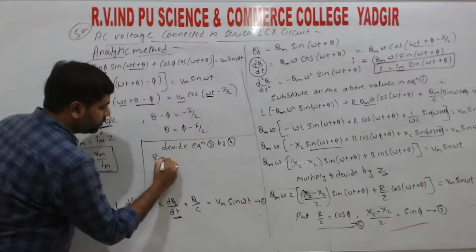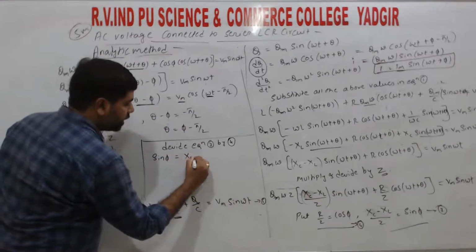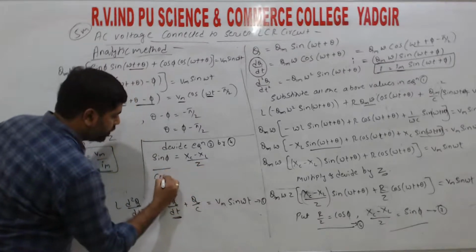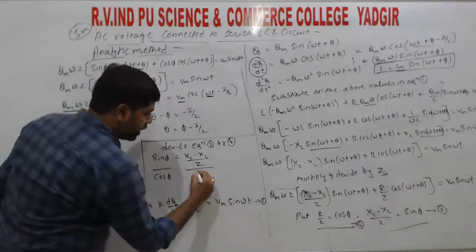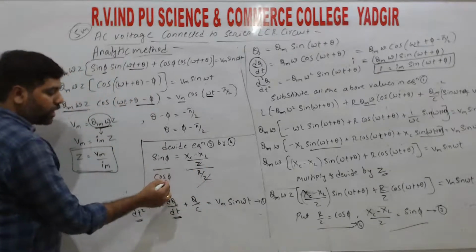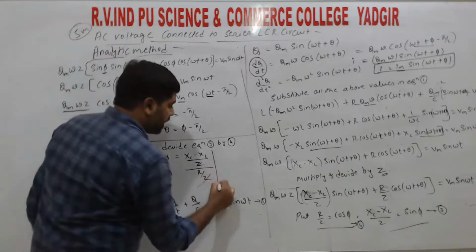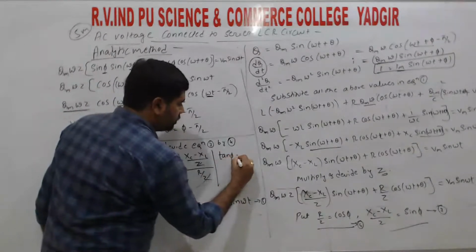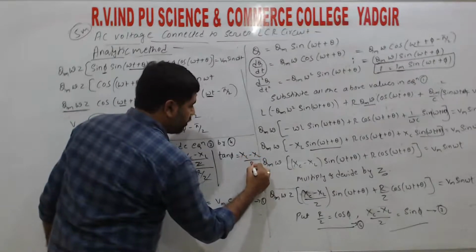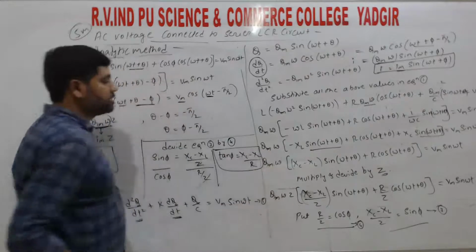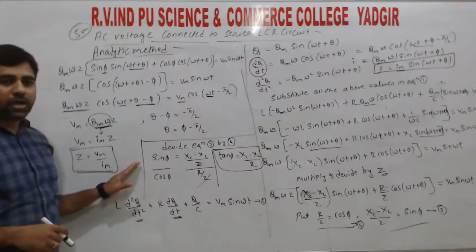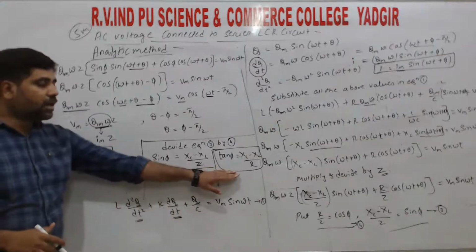So sin phi = (Xc minus Xl) divided by Z, divided by cos phi = R by Z. So Z cancels. Sin phi by cos phi we can write as tan phi. In the RHS, again we get (Xc minus Xl) divided by R. So we get the phase difference between the voltage and the current. So this is by the analytic method.